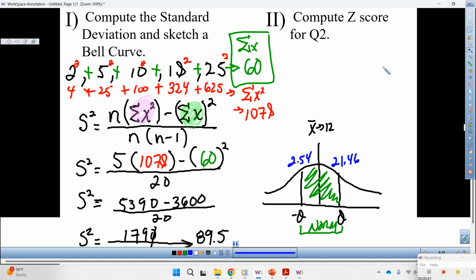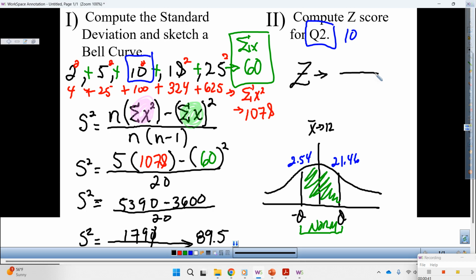JJ, what is another name for Q2? The median. So according to our data here organized, our median is what? 10. So to find our z-score, tell your neighbor the formula for z-score. See if they remember. All right.